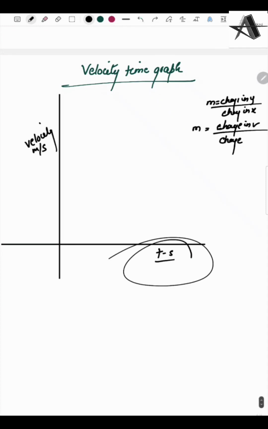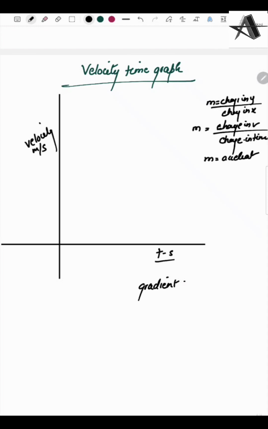So change in time. So what is velocity over time? We just saw acceleration. So gradient is acceleration. So I can say the gradient of a velocity time graph gives acceleration.